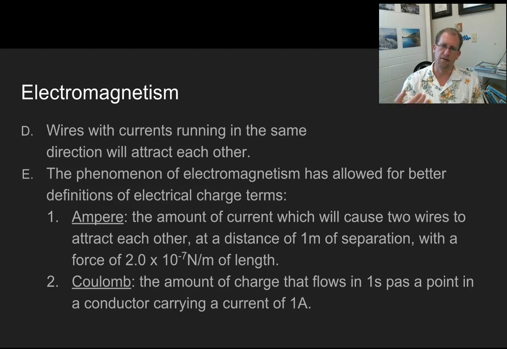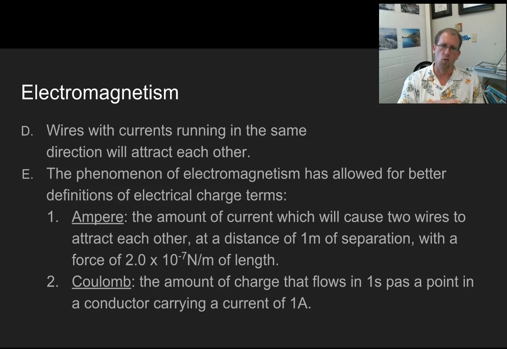Which is why fibers of a copper wire that are running in one insulation sleeve don't want to fly apart from each other, but as they are all carrying current, they actually stick tighter together. They're magnetically attracted to each other. That phenomenon has actually allowed us to redefine some electric terms that are hard to define otherwise.